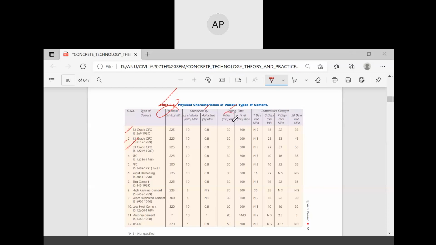In setting time, there are two: one is initial and one is final. And compressive strength at 1 day, 3 days, 7 days, and 28 days. So setting time, soundness, and compressive strength can be tested. The cement tests are the fineness test, soundness test, setting time test, and compressive strength test.